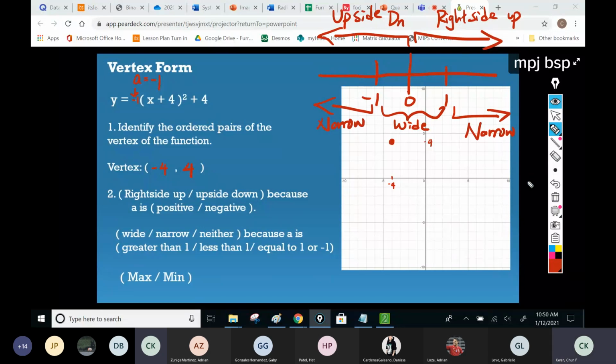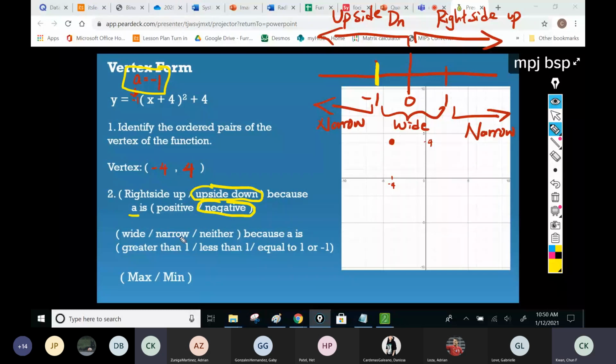So this number line we talked about, you have to find where -1 is. So when a is -1, you are looking at right here. That means it is not wide, it is not narrow, it's neither. And it is also upside down because a is negative.